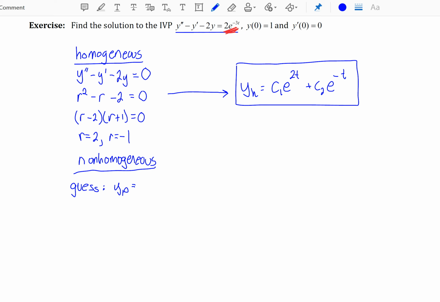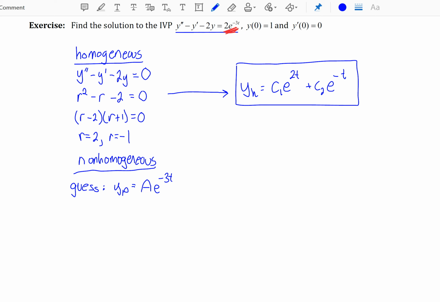So we're going to replace this with an a as our coefficient. The exponent part will still stay the same. So it'll be e to the negative 3t. So we're just making an unknown coefficient in our guess, but the rest of the forcing function stays the same.